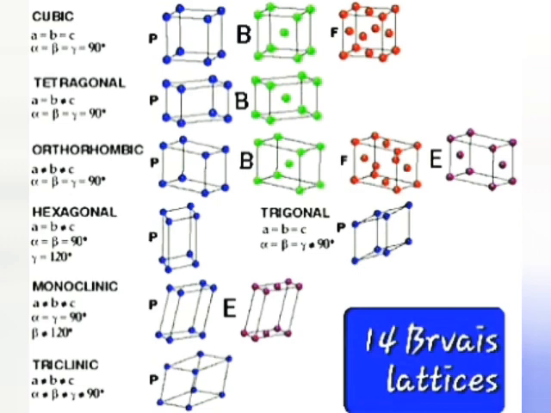For monoclinic there are 2 lattices, primitive and end centered. For hexagonal there is 1 lattice, primitive, and for rhombohedral there is 1 lattice, primitive. These are the 14 different lattices for our crystal systems.